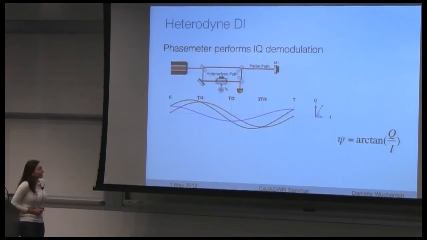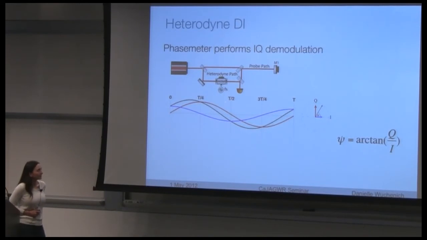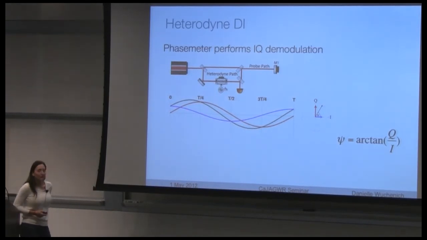In a recap of what heterodyne interferometry does, you are using a frequency offset to essentially step you through a whole fringe or a whole wavelength. Here the black is just your beat note frequency at the detector, but the way that these phase meters work is that you compare it with another sinusoid that's running at the same frequency, and so you have two components.